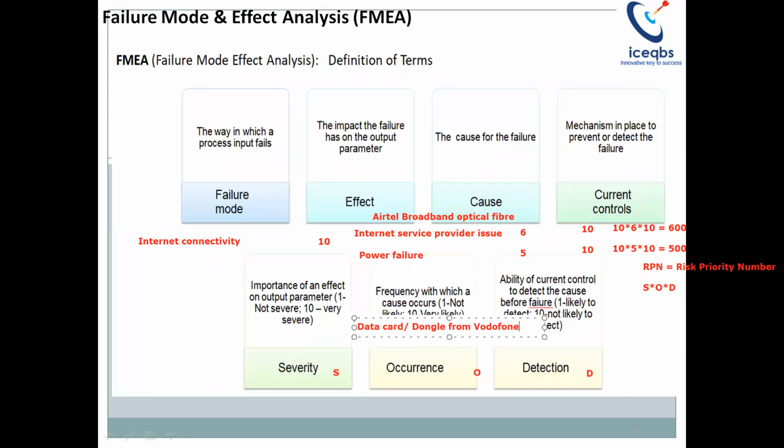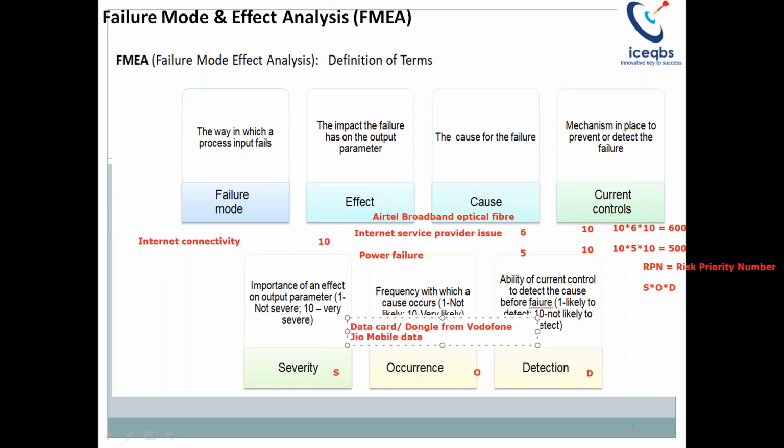So I immediately purchased the data card and dongle from Vodafone, so that even if there is a failure of Airtel broadband, I can immediately attach the data card from Vodafone and continue the trial. And then recently I have bought the Jio mobile data.